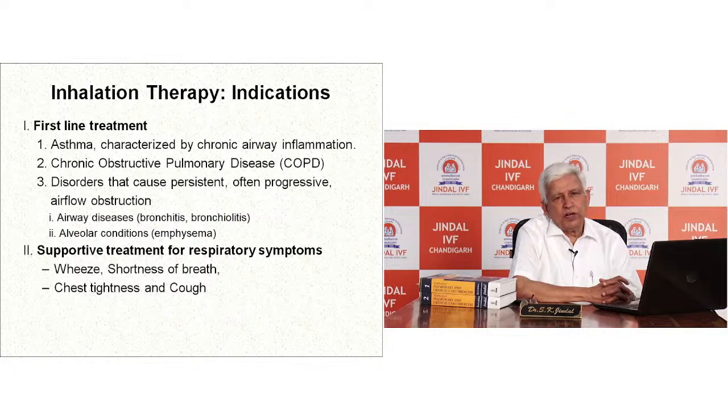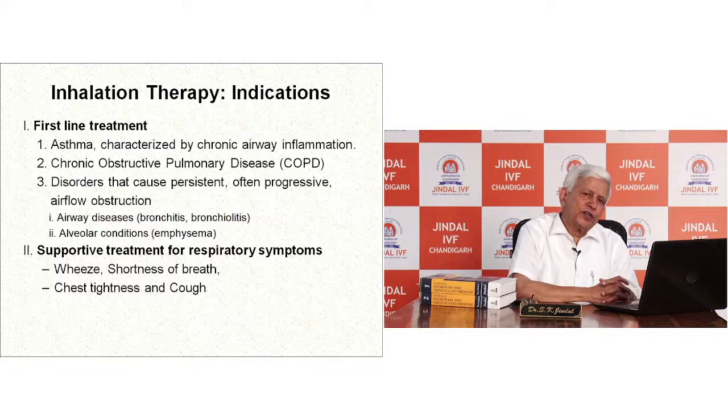The second important condition for which the inhalation route is preferred is chronic obstructive pulmonary disease, which again you all know is a chronic progressive disorder of the airways, largely in smokers, but non-smokers are also likely to develop it if they are exposed to the risk factors of COPD.